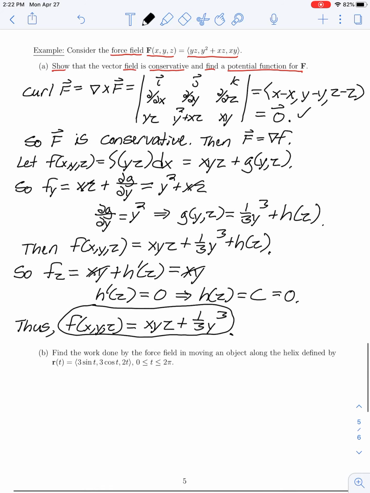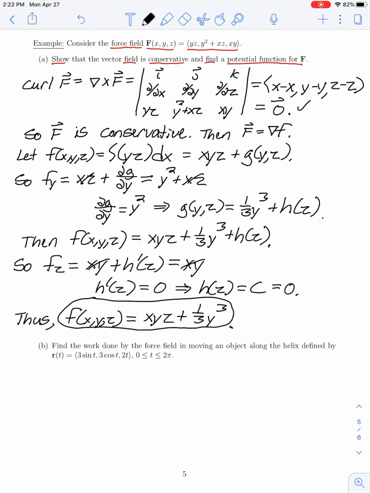Now, once we have this in part B of this example, we are asked to determine what is the work done by that force field in moving an object along the helix in space, which is defined by the vector function r of t is 3 sine of t, 3 cosine of t, 2t, where t ranges from 0 to 2 pi.